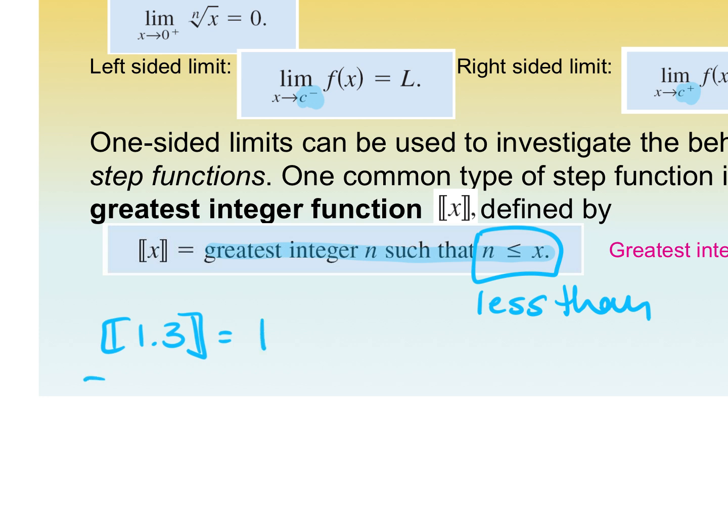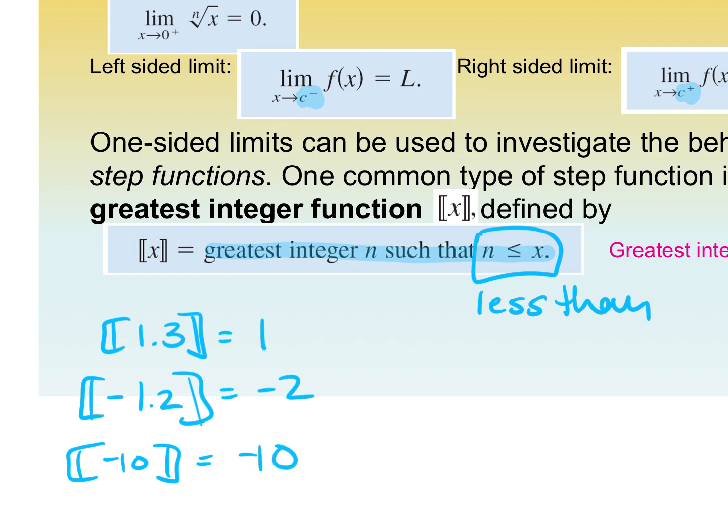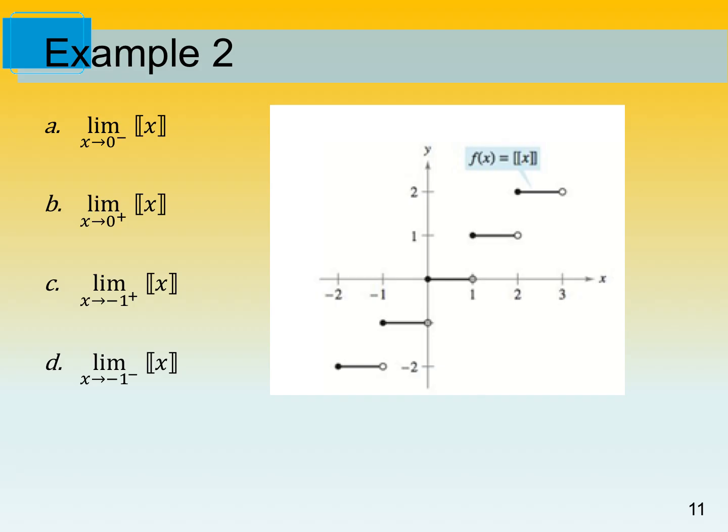Awesome. What about -1.2? What would this be? -2. What about the greatest integer of -10? Negative 10. Perfect.